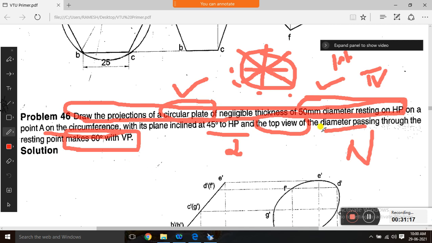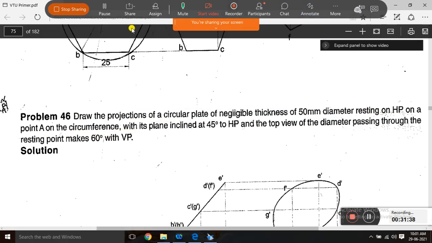Actually you would go with the locus method if the diameter is inclined to VP, but even though, we are going with the normal method. Why? Because the top view is given, meaning appears to be is like a top view and it is 60 degrees with VP. So we have to go with the normal method for the third position, for VP. Clear? Yes, I will show you.